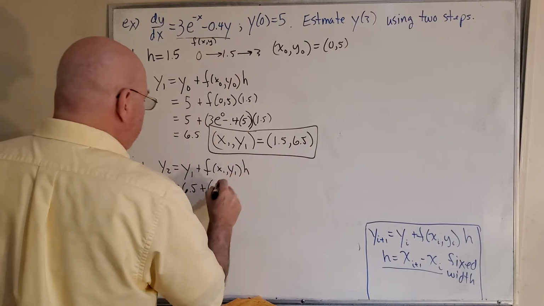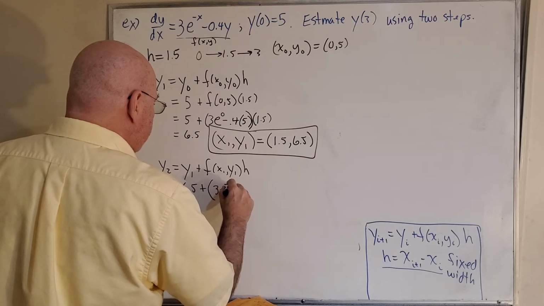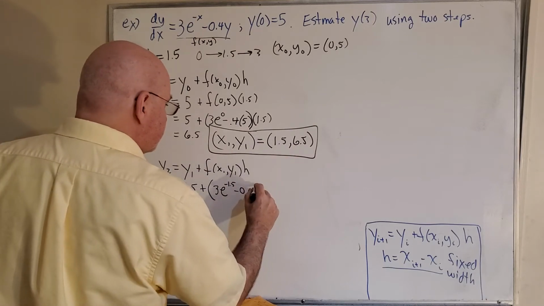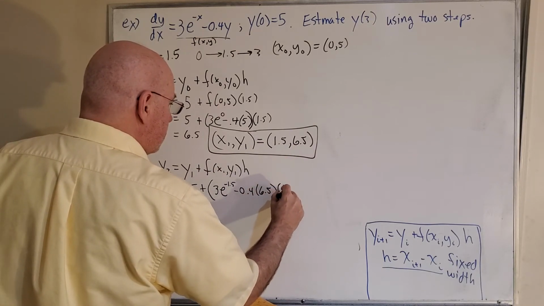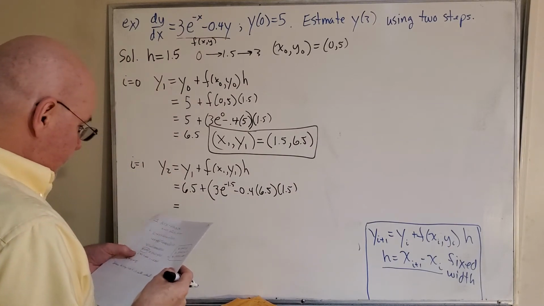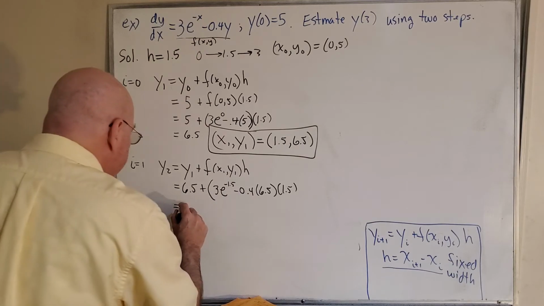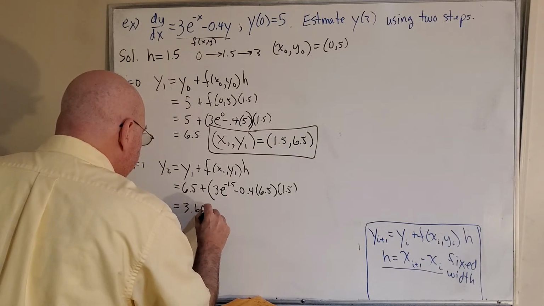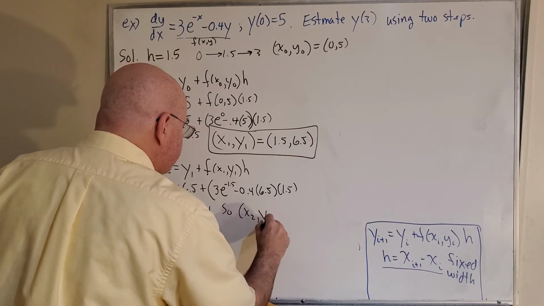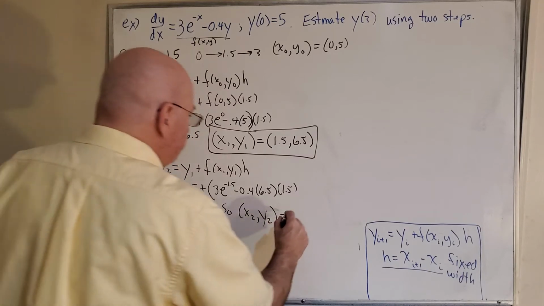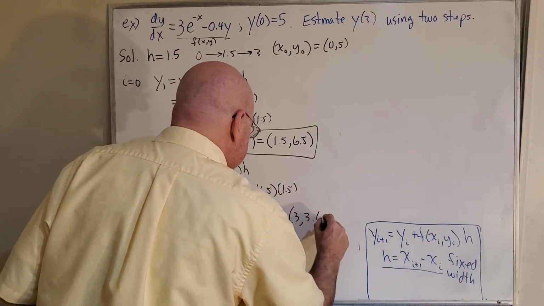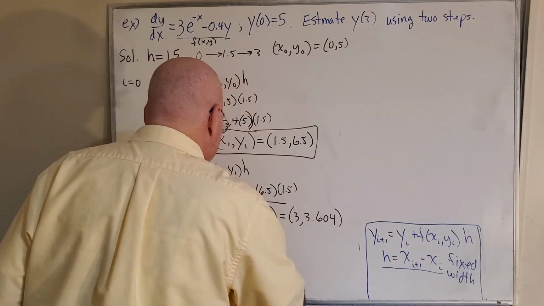If x is 1.5, we get 3e to the negative 1.5 minus 0.4y, but y is 6.5, times 1.5. Let's see, I plugged that in, and I got 3.604. So x2, y2 is 3, 3.604.